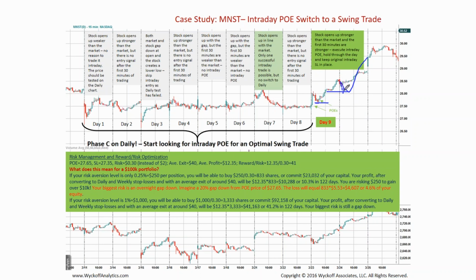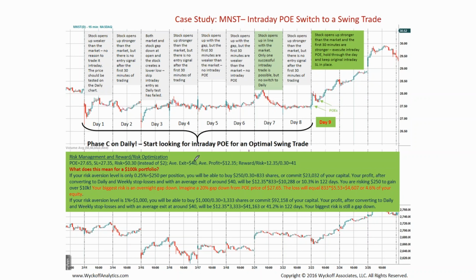Even if you have some kind of move to the downside and then continuation, most likely you're not going to be hit. And the next day was really good for us here. There was only the first initial move to the downside. So we would leave this overnight stop loss where the original intraday stop loss was.